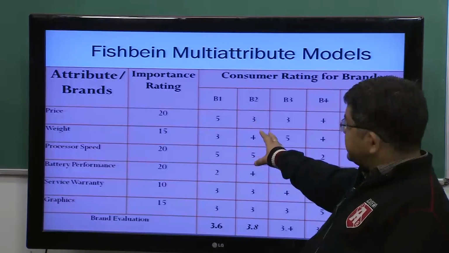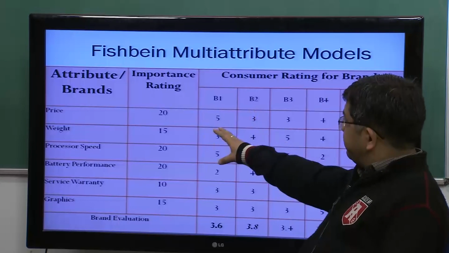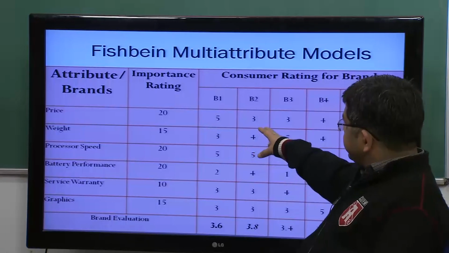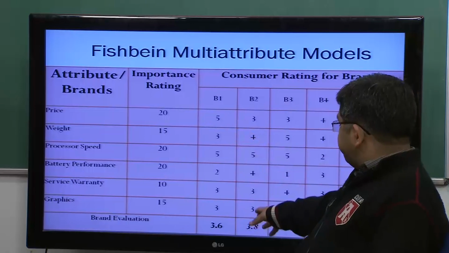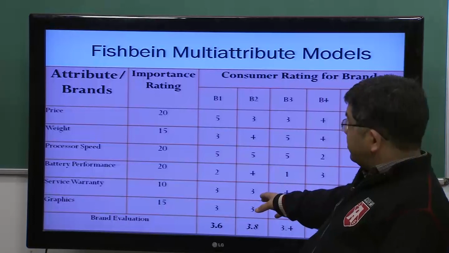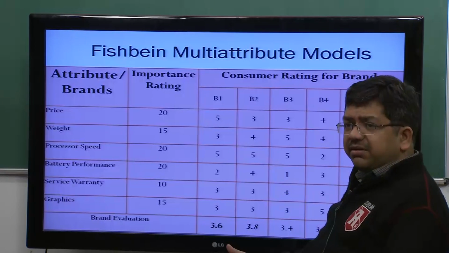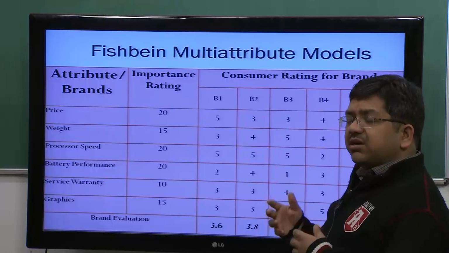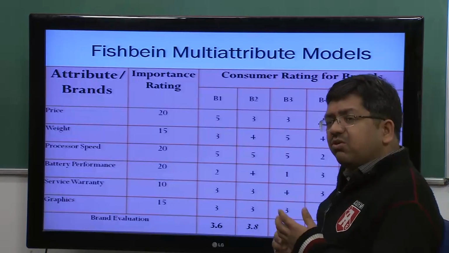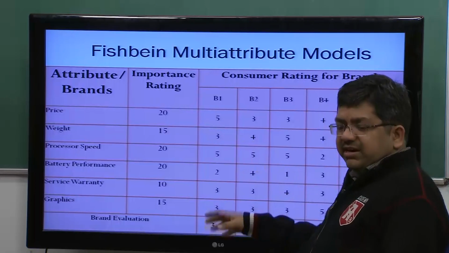For simplicity, we have not changed the consumer's rating of the different brands on those attributes. As we change the importance rating, we get different overall ratings, which is commonly expected. So, you understand why the consumer's overall evaluation of the brand is different; it gets illustrated here.